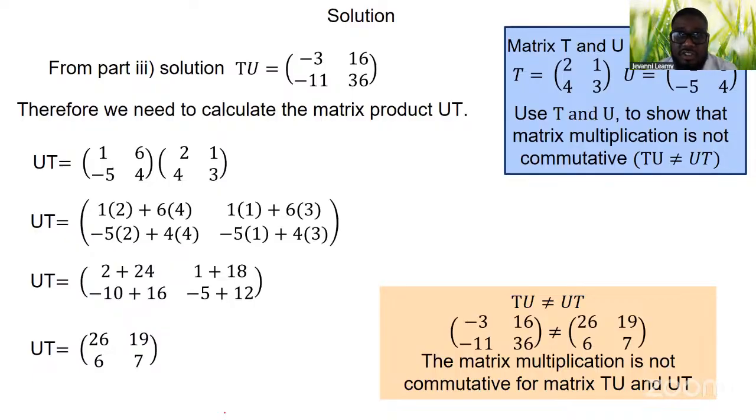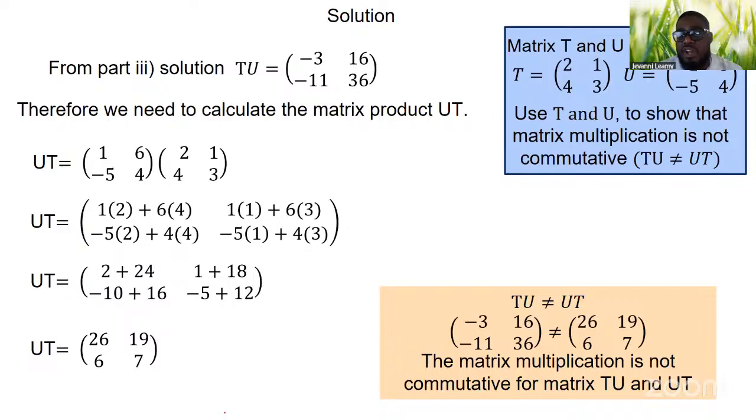Is everyone okay with that? Even if it's one element that differs, it is not commutative. All of the elements in both matrices must match up with their positions. So just like the -3, it must match up to -3 on the corresponding matrix product.